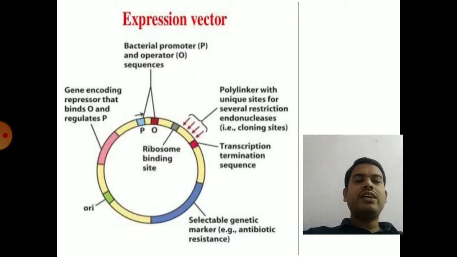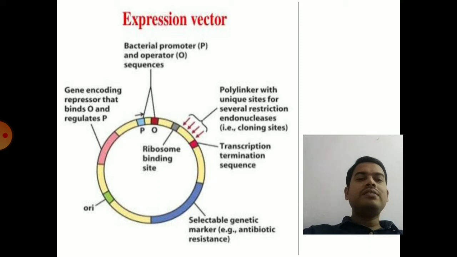Whereas in an expression vector, you can see clearly here a bacterial expression vector, you have the promoter sequence, operator sequence, origin of replication, and a selectable marker, and a polylinker with unique sites for restriction cleavage, a transcription termination sequence, and a gene encoding a repressor that binds to the operator and regulates the promoter.